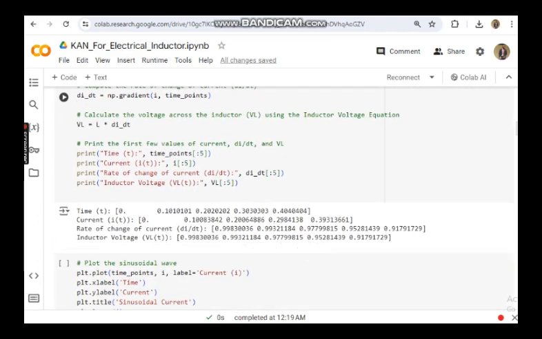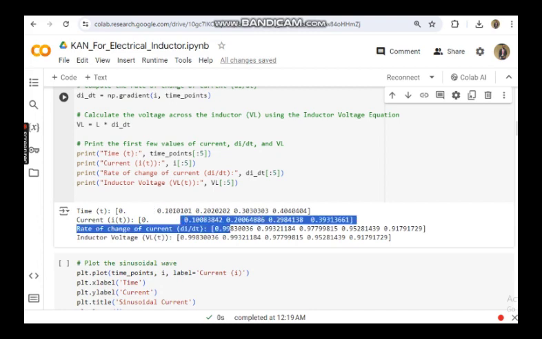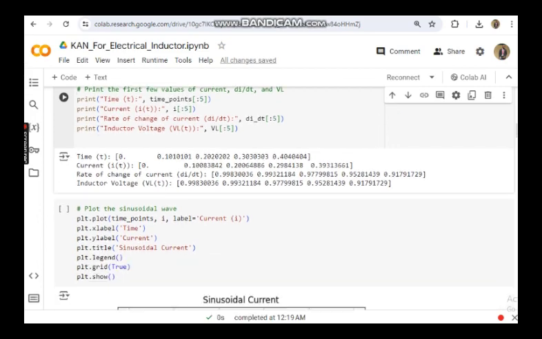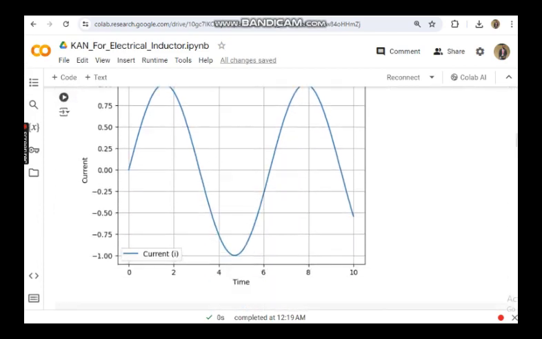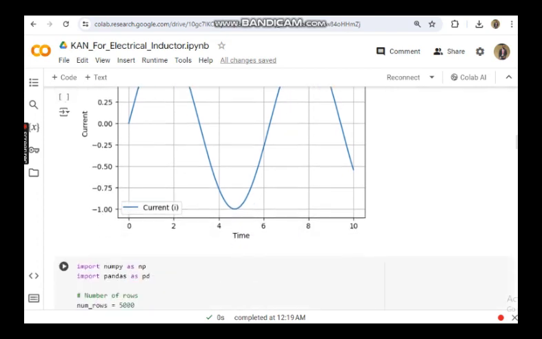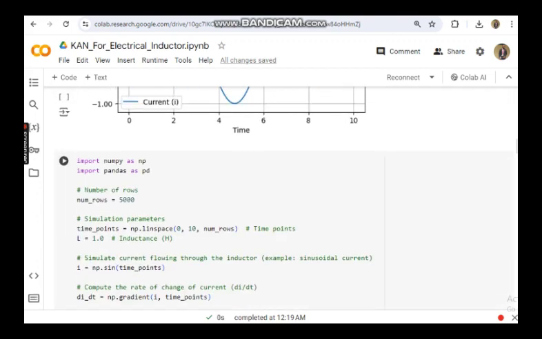Then it's going to print out the time and what the current was at that time. So at 0.01 seconds, the current was this, and the current kept on changing depending on the time, and it fluctuates because it's a sine wave. The current is always going to change in proportion to the time at which the current is flowing.